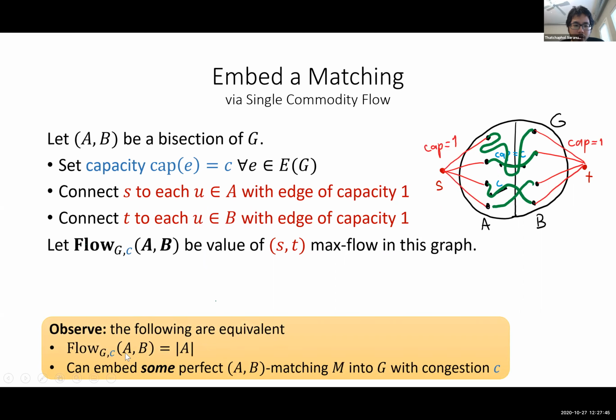Suppose that the max flow is full, like every node in A can send 1 unit of flow to some node in B. So the flow is full, of size |A|. This is the same thing as saying that you can embed some perfect matching between A and B, call it M, into G with congestion C. The congestion C comes from the fact that you set the capacity of every edge in G to be at most C.